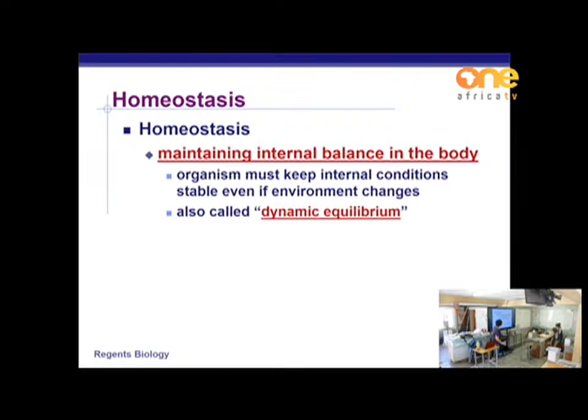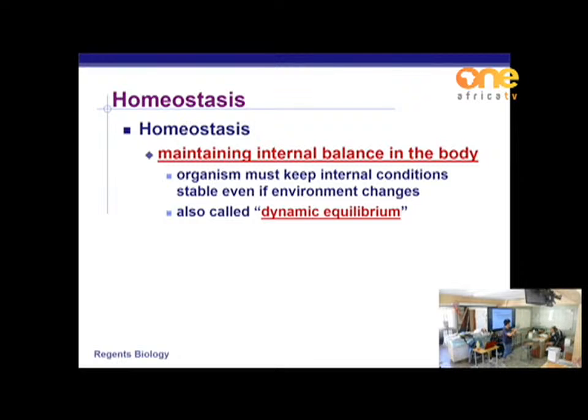Does that mean it is static? No, it means there are changes all the time. Now, have you ever tried to walk on a petrol drum? Can you stand on it and stay dead still without moving? You cannot. You are moving all the time in order not to fall off.